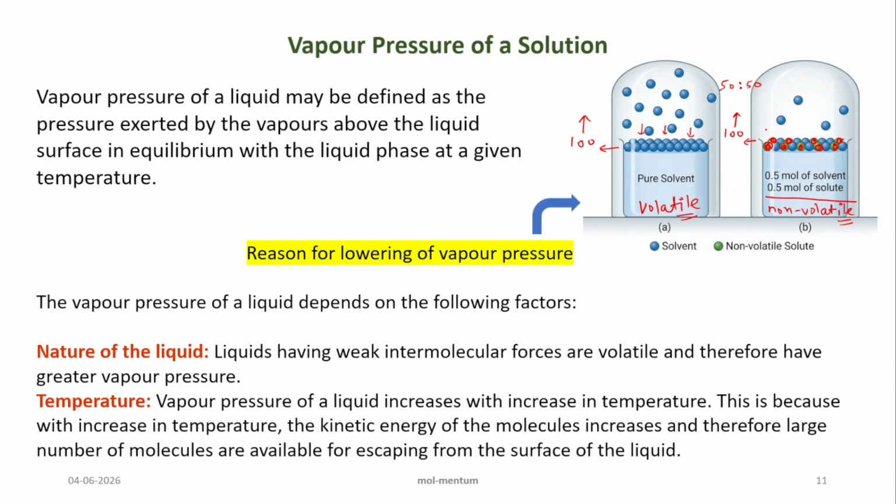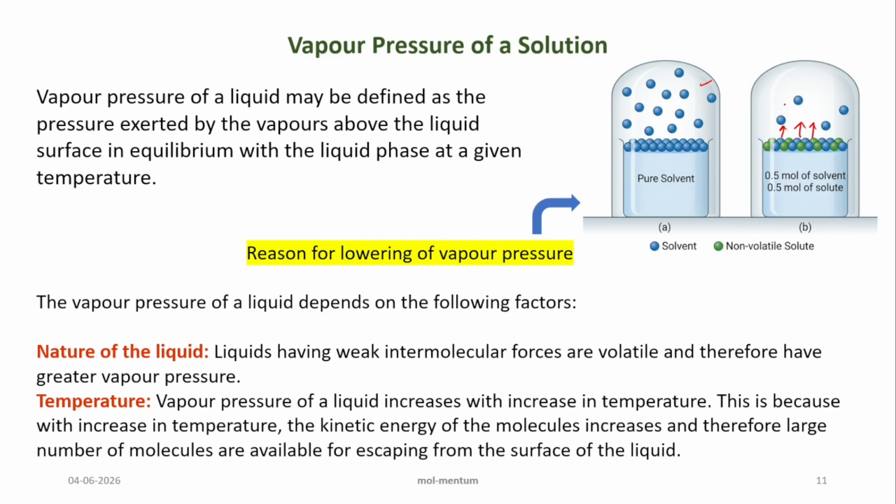Now it is very clear that only a few particles are there in this case, whereas there are so many in the other case. That means when we add any non-volatile solute, the rate of evaporation decreases. So here so many particles are there, whereas in this case the particles are fewer. This is called decrease in vapor pressure.